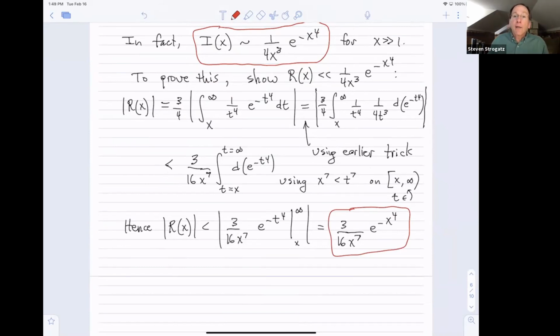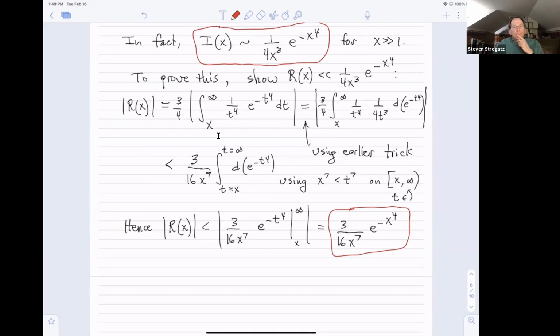Let me see, I see a comment or question in the chat. Would it work to compute the limit directly using L'Hopital's rule to eliminate the integral? Let's see, Andrew, are you saying you want to compare the remainder term expressed as an integral, take the derivative of that and compare it to the derivative of the leading term?